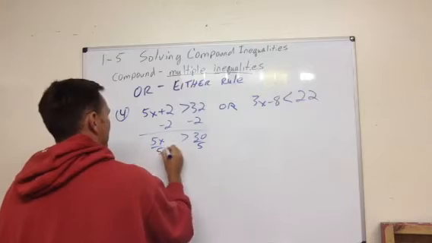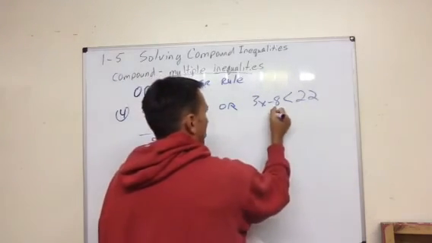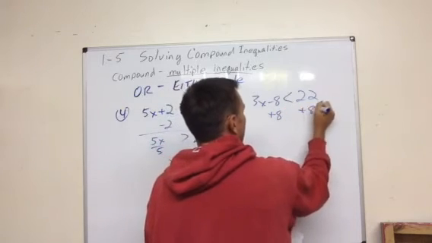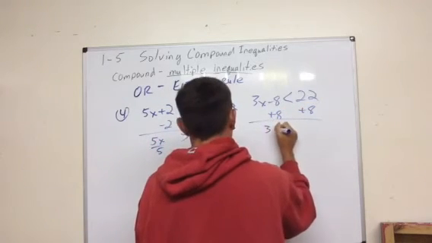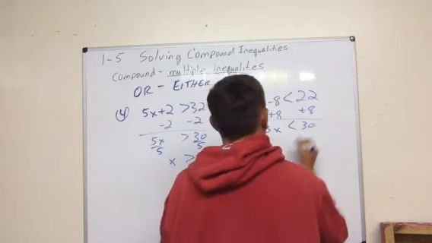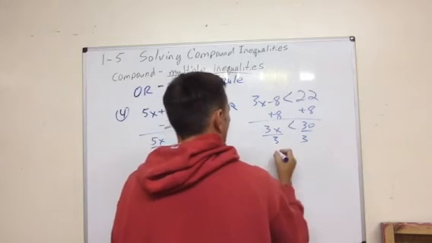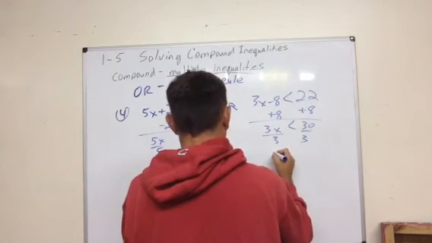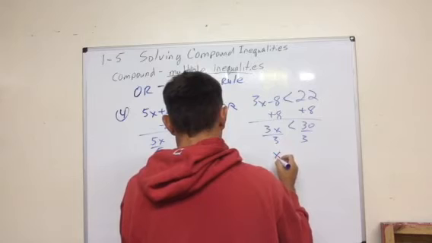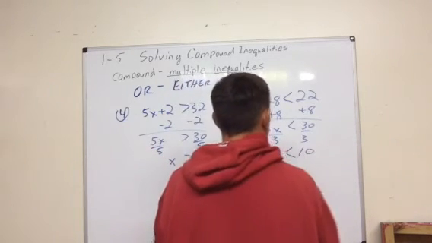Divide by 5. And we have x greater than 6. This one, we add 8. 3x less than 30. Divide by 3. And I get x less than 10.